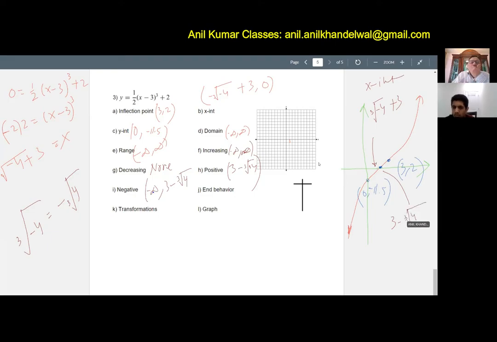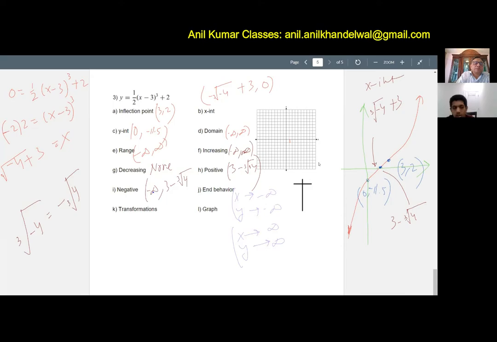Good. So end behavior, you know very clearly. Can you tell me, as x approaches infinity or minus infinity, what happens to y? Negative infinity. Correct. And this is positive. Graph is there, now transformations. Yes, please tell me the transformations.